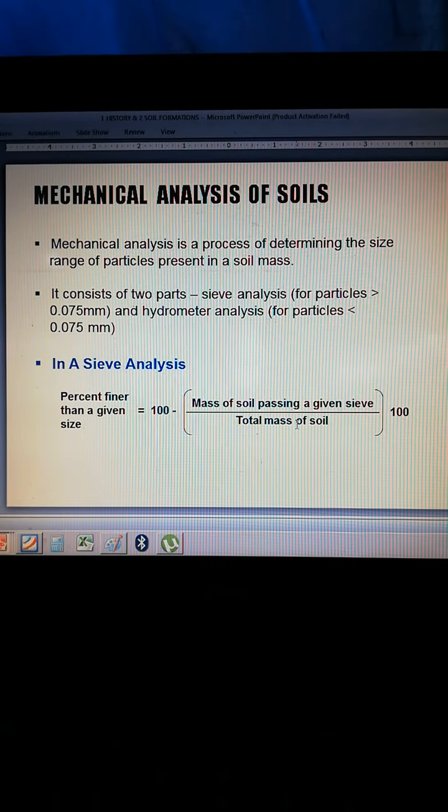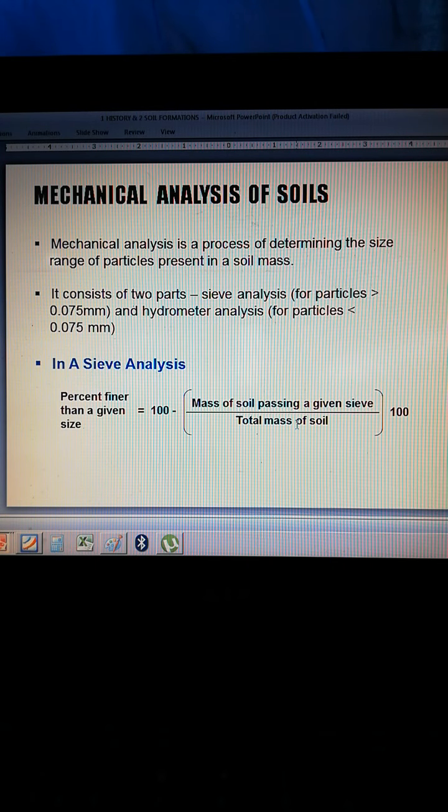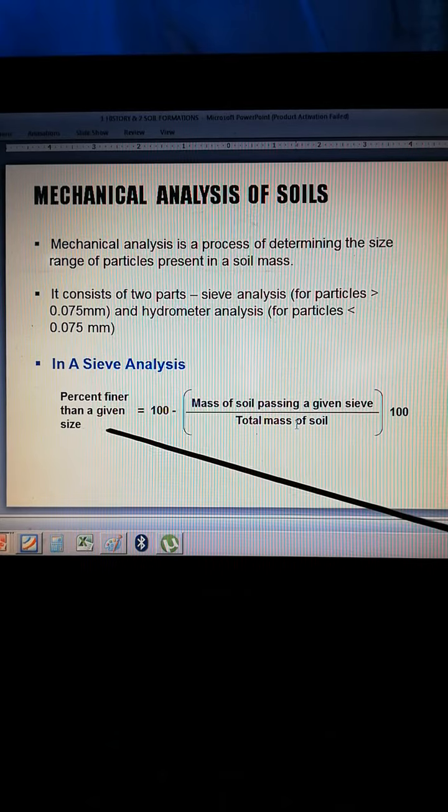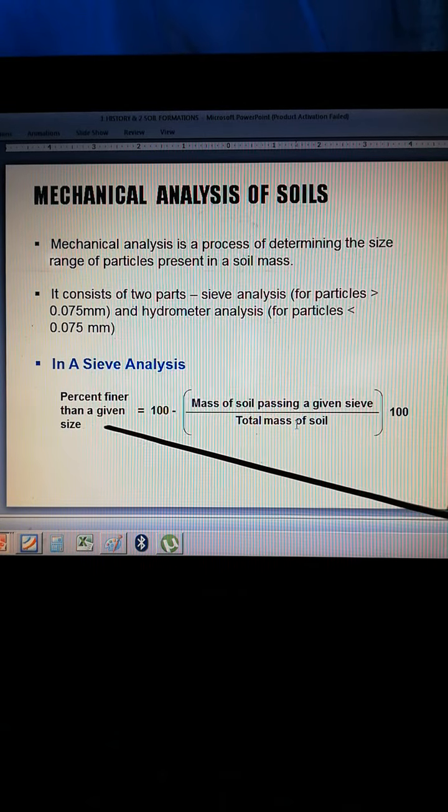Percent finer could be having another term. The other term for percent finer is percent passing. So, percentage that passes than a given size. What is that than a given size? This represents the sieve. So, percent finer, let's just say number 4 sieve.